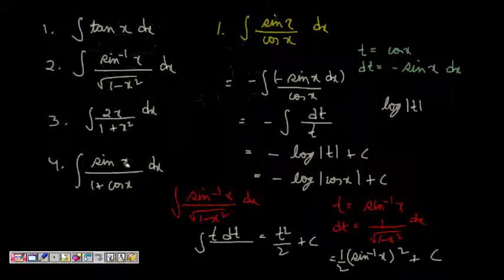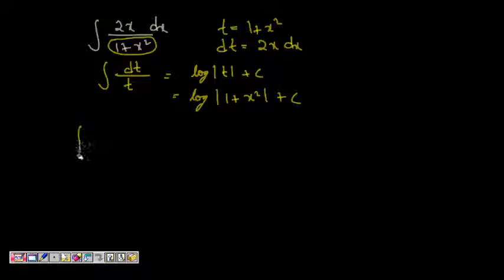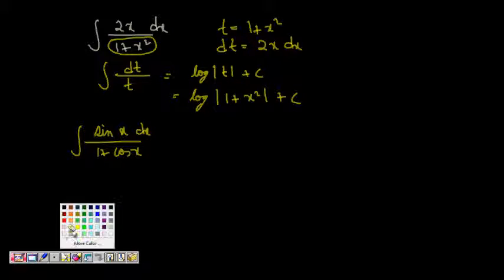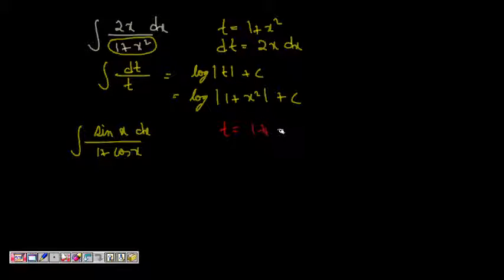We will look at the last problem: integral of sin x by 1 + cos x dx. Here again you have to find, is there any function in the integrand whose derivative is also there? If you look carefully, if we take t = 1 + cos x, then dt is minus sin x dx.